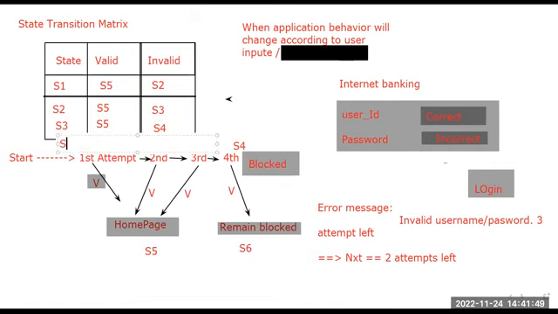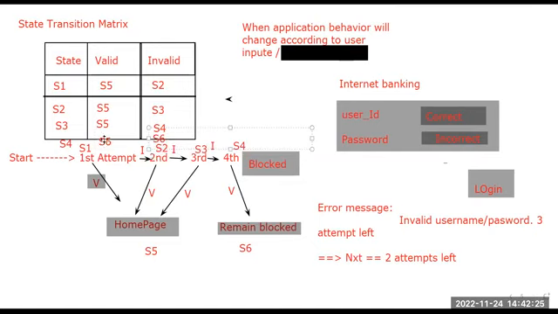Now you are in S4, fourth attempt, and you give a valid credential. What will happen? S6. Correct, everyone? And if you give invalid, what will happen? Remain in S6. All of you are understanding this, guys?